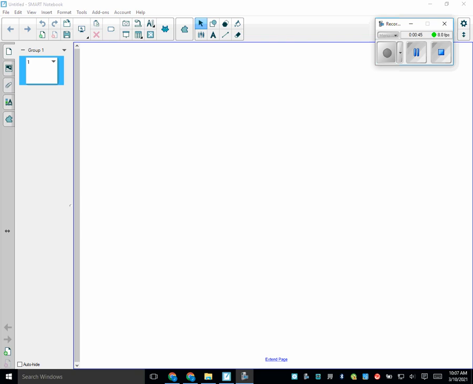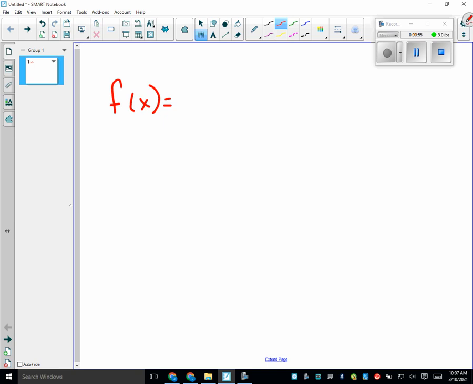So if I am given f of x equals x cubed minus 4x plus 3, and I want to find the average velocity over this, that just means find the slope of the line there.